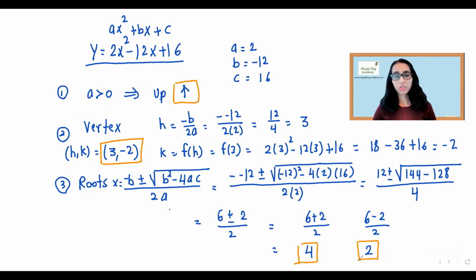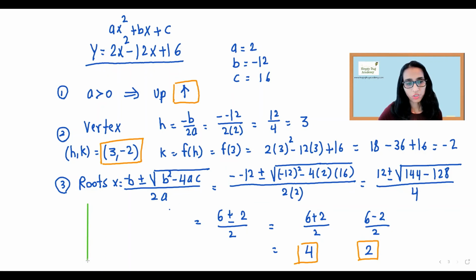This is what this quadratic equation will look like. We found out in 3 steps that it opens up, and then the vertex is 3, negative 2. And we also found out that the roots of this equation are 4 and 2.